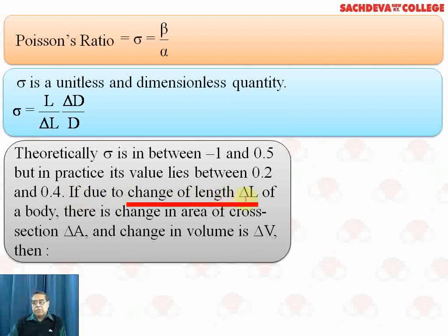If due to a change of length delta L of a body there is a change in the area of cross section delta A, and the change in volume is delta V, then delta V can be taken as delta A multiplied by delta L. That is, area multiplied by length gives the volume.